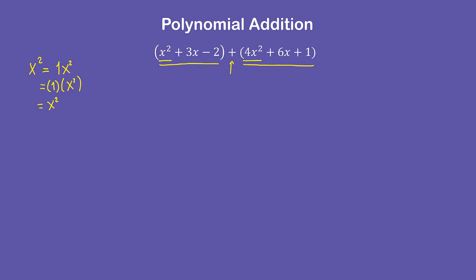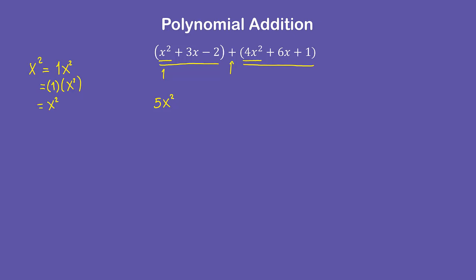So to add these two terms, we are going to add the coefficients 1 plus 4, and that gives us 5x squared. You see that the variable x squared stayed the same, and that's because it is still the same type of term.